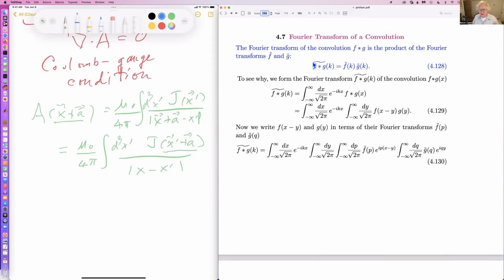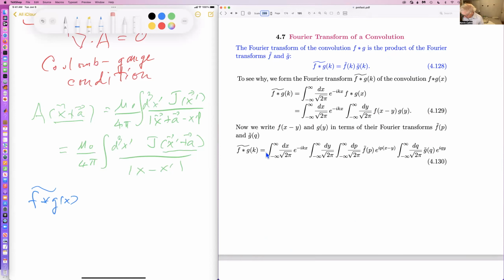We've defined a convolution like this, and so let's take its Fourier transform. The Fourier transform of the convolution looks like this, and it is this integral where this is the convolution. In other words, what we're doing here is writing f star g of, oh, I'm sorry, it actually is k.